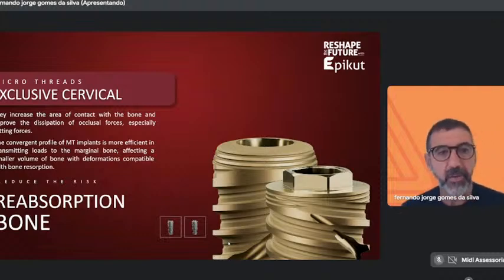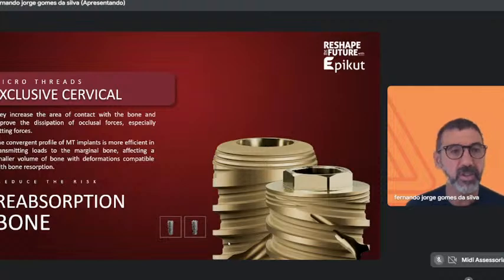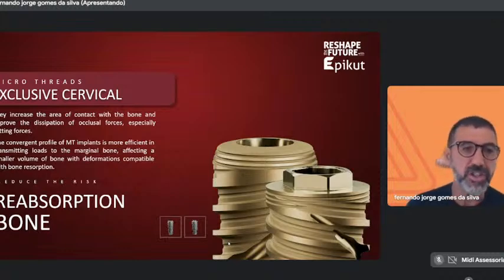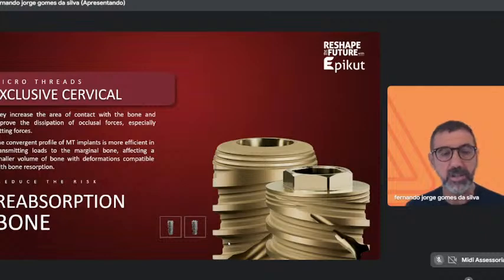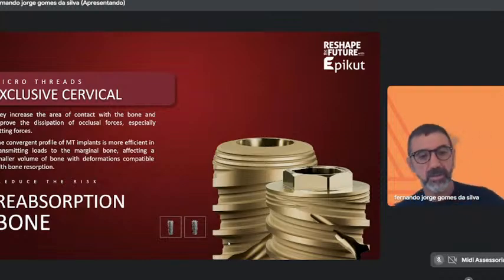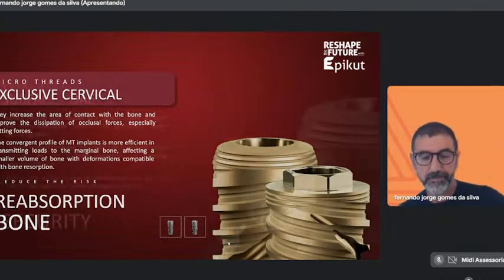They increase the area of contact with the bone and improve the dissipation of occlusal forces, especially cutting forces. The coverage and profile of the Morse taper implant is more efficient in transmitting loads to the marginal bone, affecting a smaller volume of bone with deformations compatible with bone resorption.